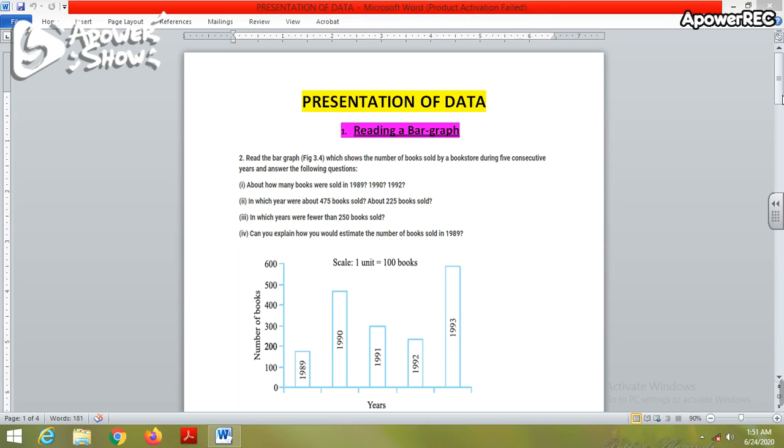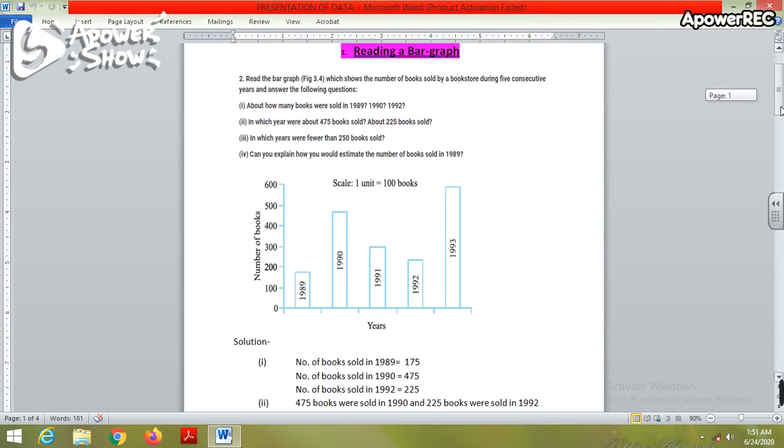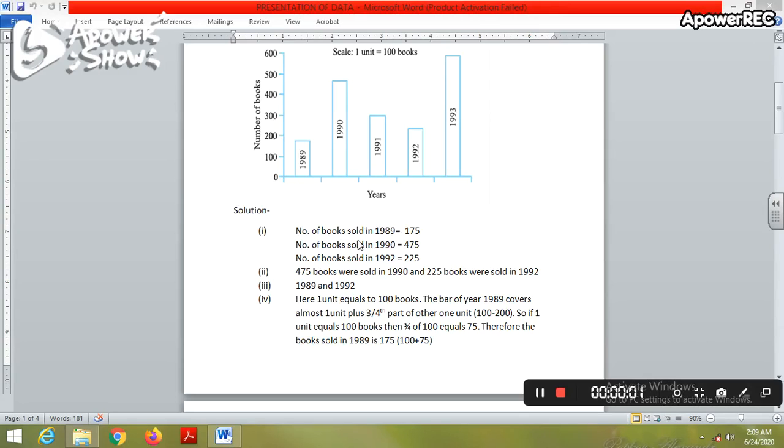Now let's try to find out the number of books sold in 1989. Number of books sold in 1989 equals 175. 175 is not an exact number of books sold during 1989. We are just trying to find an approximate number, and this value is obtained by using this bar graph.